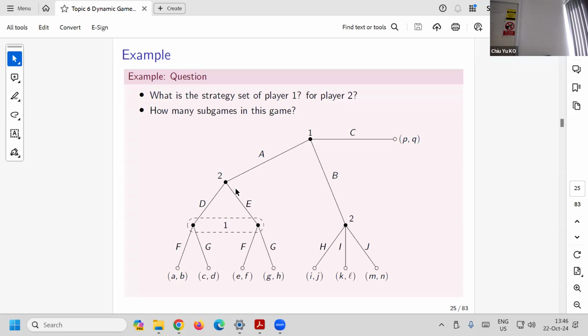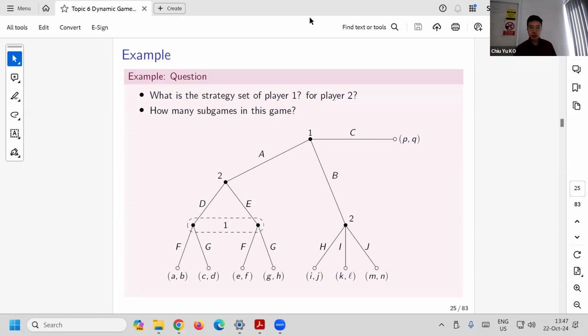So the strategy of 1 is very simple. I just move in 2 cases. Either A, B, C, and F and G, right? Because you don't know, F and G have to be chosen at the same time. A, B, C, you can choose. So it's A, B, C times F, G, right?